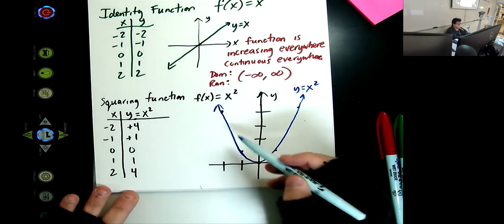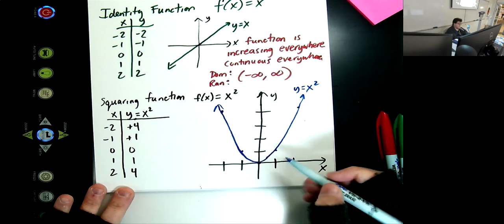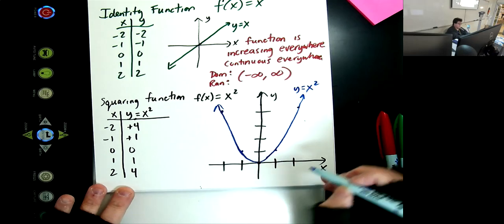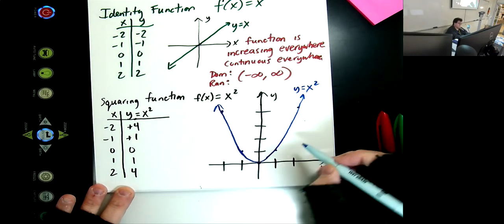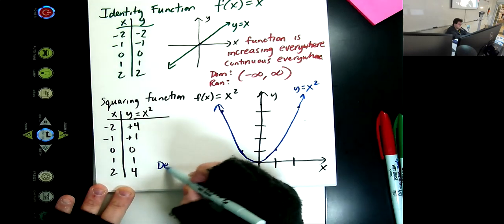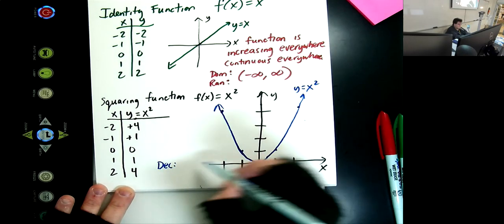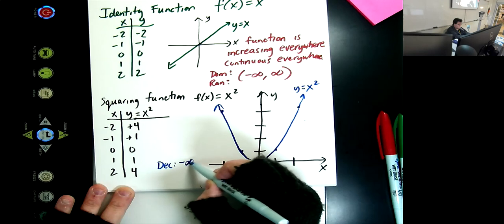So we can see from the graph, it's decreasing from negative infinity all the way up to 0.